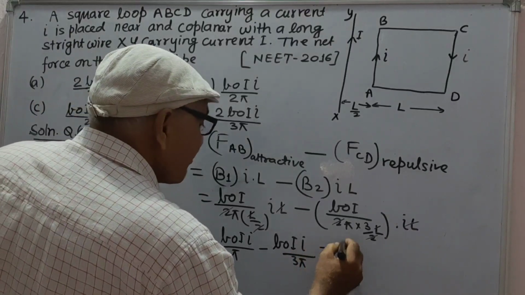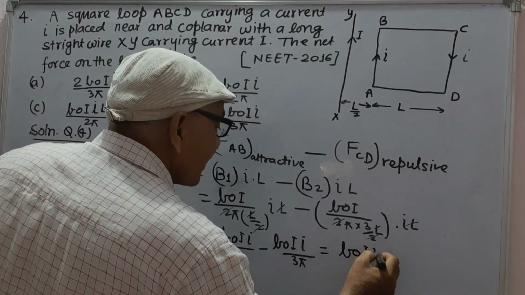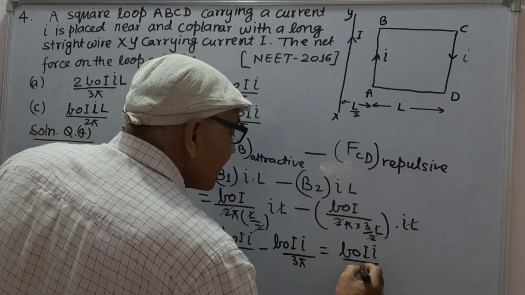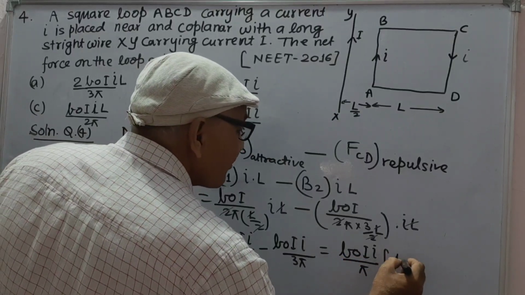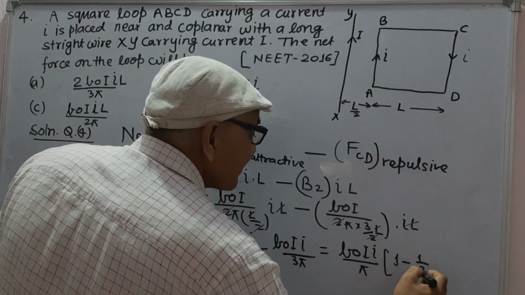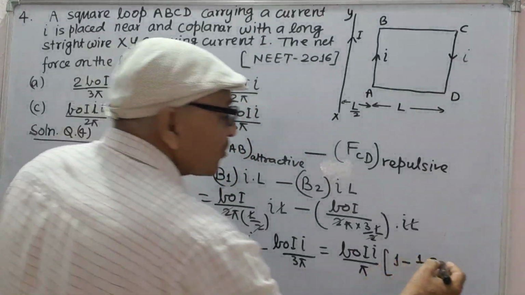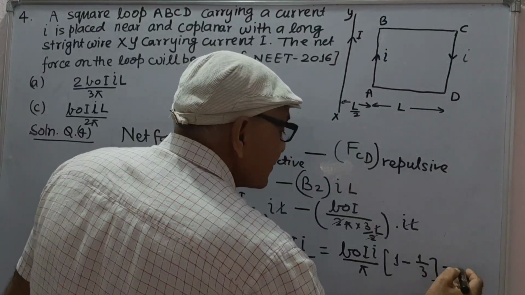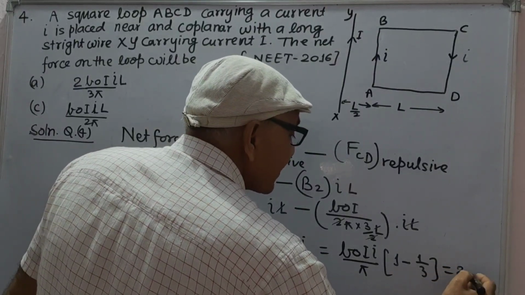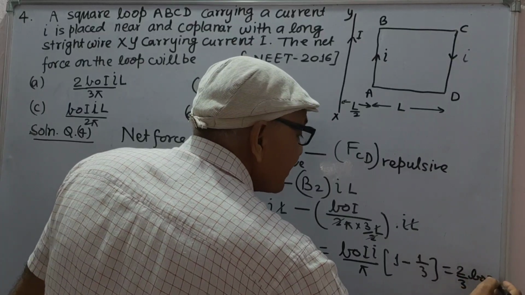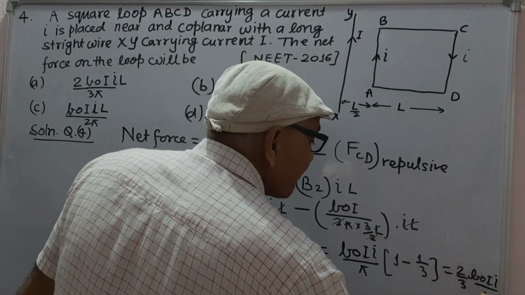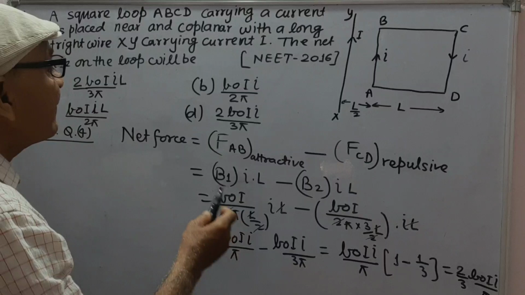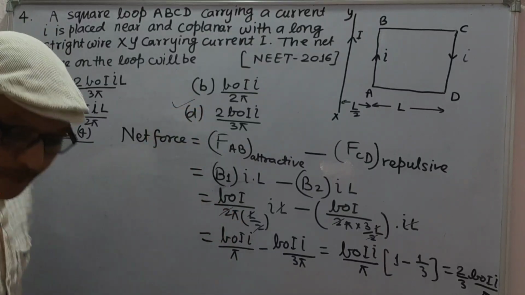So mu naught I upon pi may be taken common, and I get 1 minus 1 by 3, so it will give 2 by 3 mu naught I upon pi. So the correct option will be D.